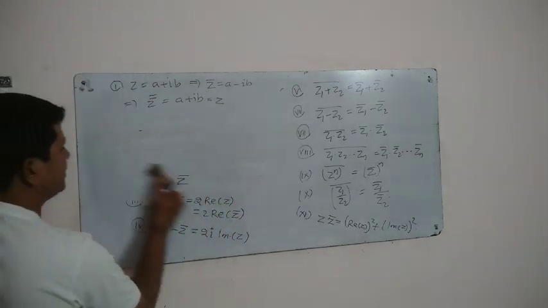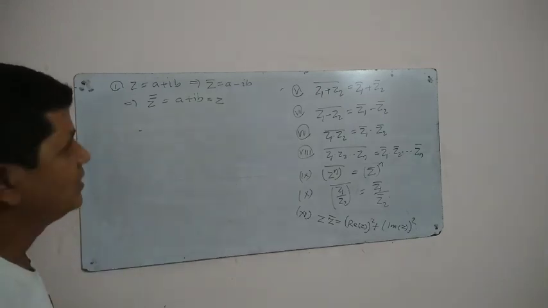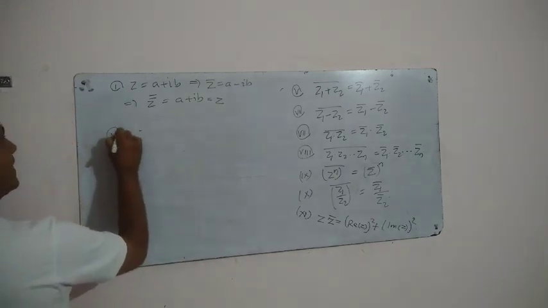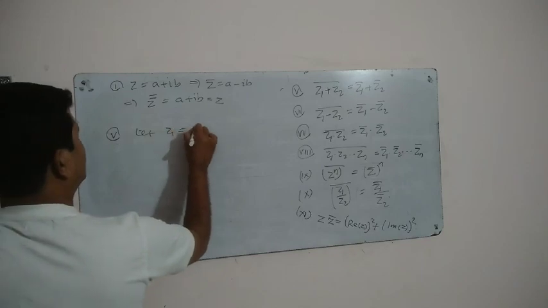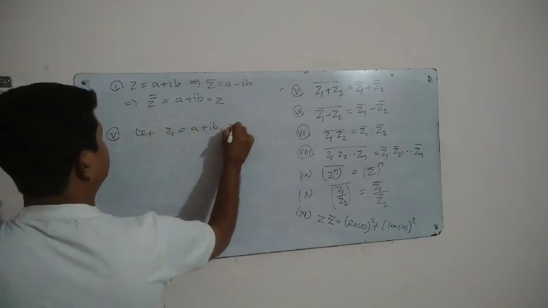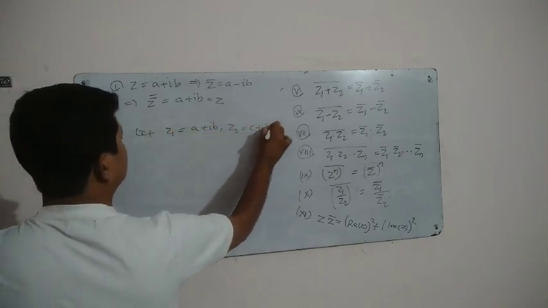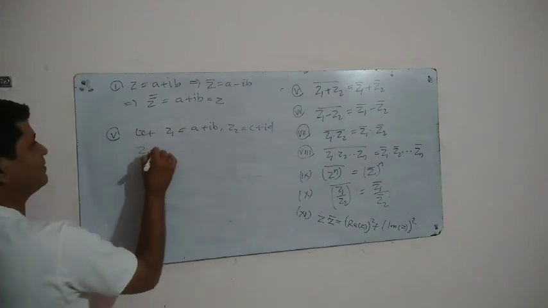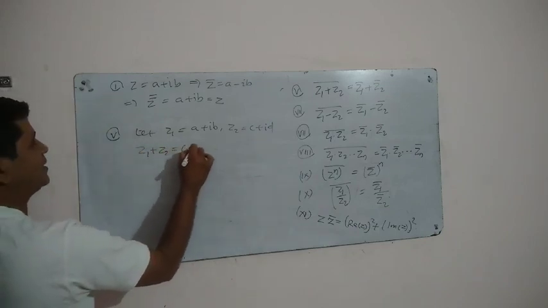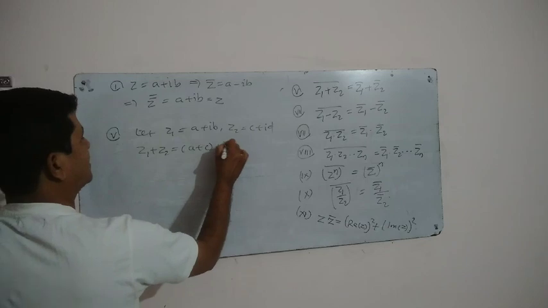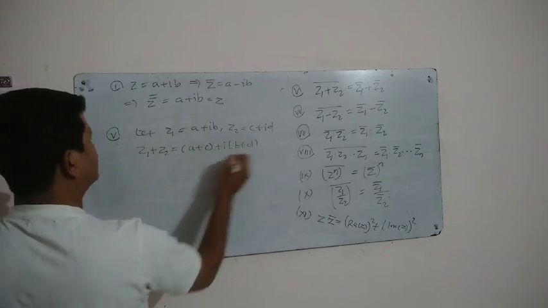Proof of the fifth property. Let Z1 be equal to a plus ib and Z2 equal to c plus id. Then what is Z1 plus Z2? Z1 plus Z2 is a plus c plus i into b plus d.